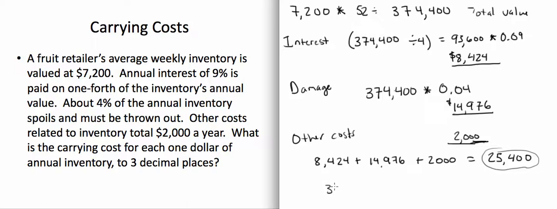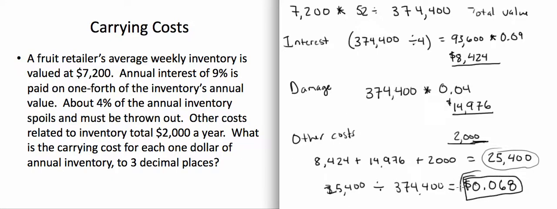So 25,400 is divided by 374,400. And that gives us a decimal of 0.0678, or about 6.8%, and that is the carrying cost rate for the annual inventory.